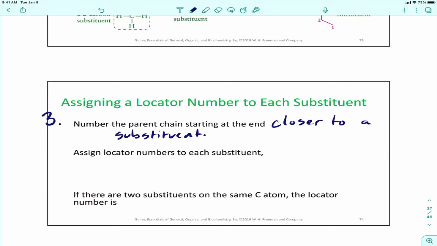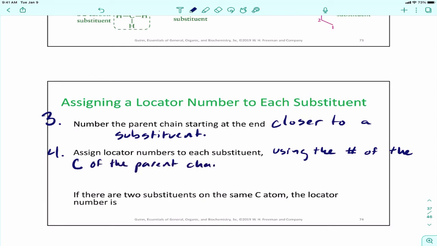Fourth, assign locator numbers to each substituent using the number of the carbon of the parent chain to which it's attached.